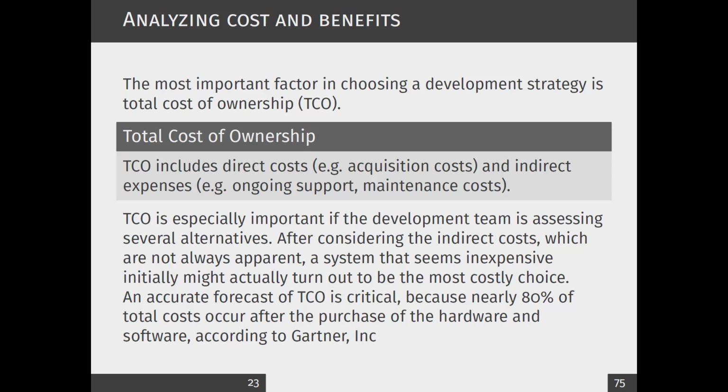Therefore, when you're identifying the cost, total cost of ownership is very crucial. Remember, mostly 80% of the total cost comes after purchasing the hardware and software, according to Gartner, which is why we have to be very careful. It's not just the initial cost that we have to look at, but the cost incurred after purchase or development.